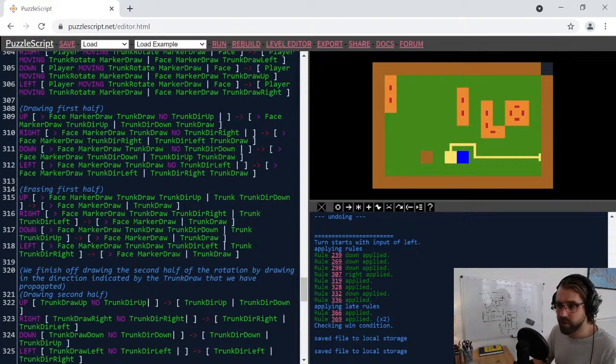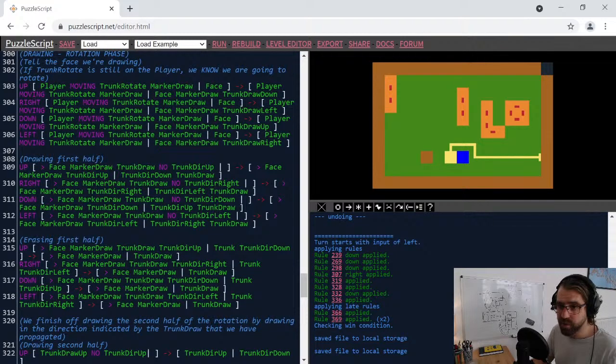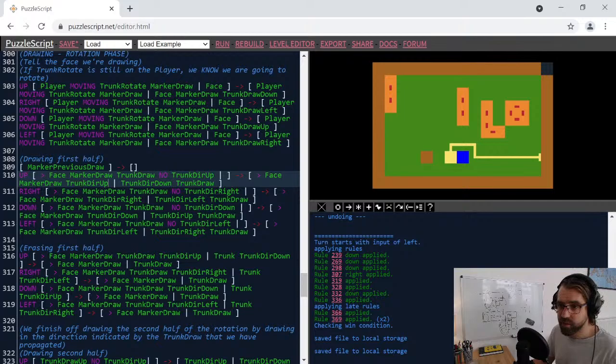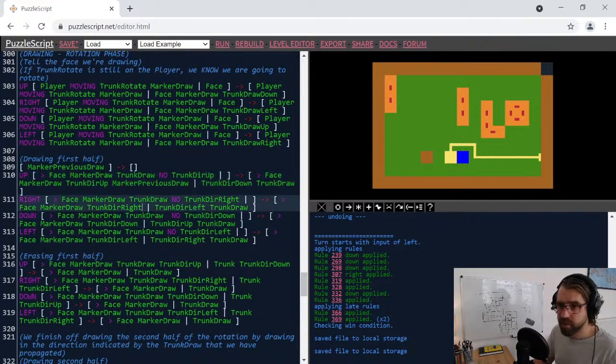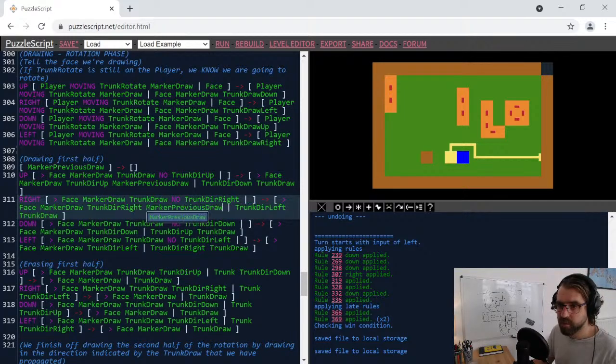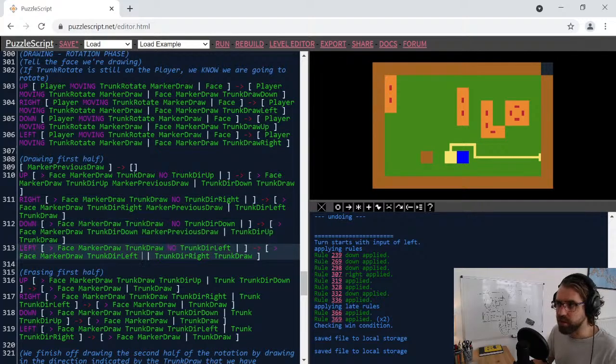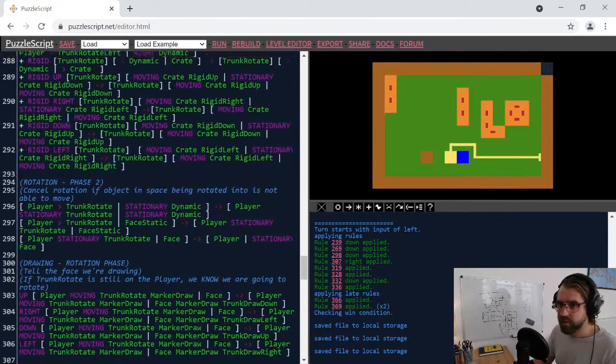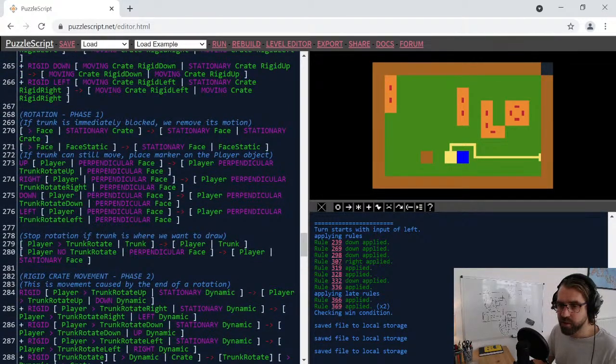So on the first half, in the first space, I want to remove any existing marker previous draws, and then place a marker previous draw on where the face was. Yep. So think of it as the previous face position. Okay, and then I use that to tell whether this is okay.